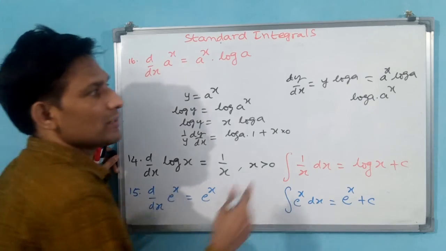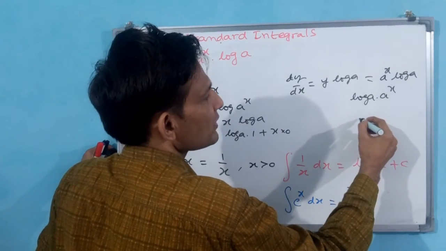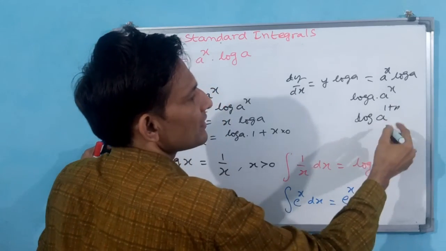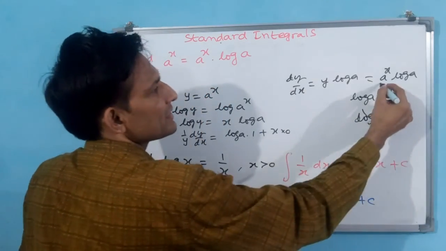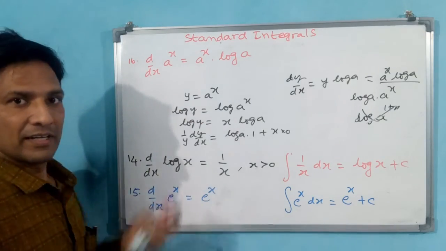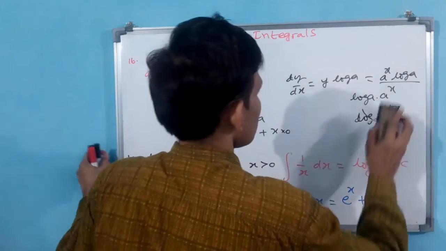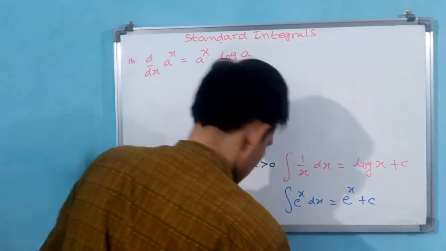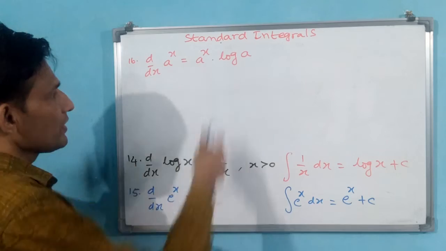Why? Because you are going to get confusion. a into a power x, you may take it as log of a power 1 plus x. That is why we should not write like this. Write a power x into log a. This is the story for d by dx.